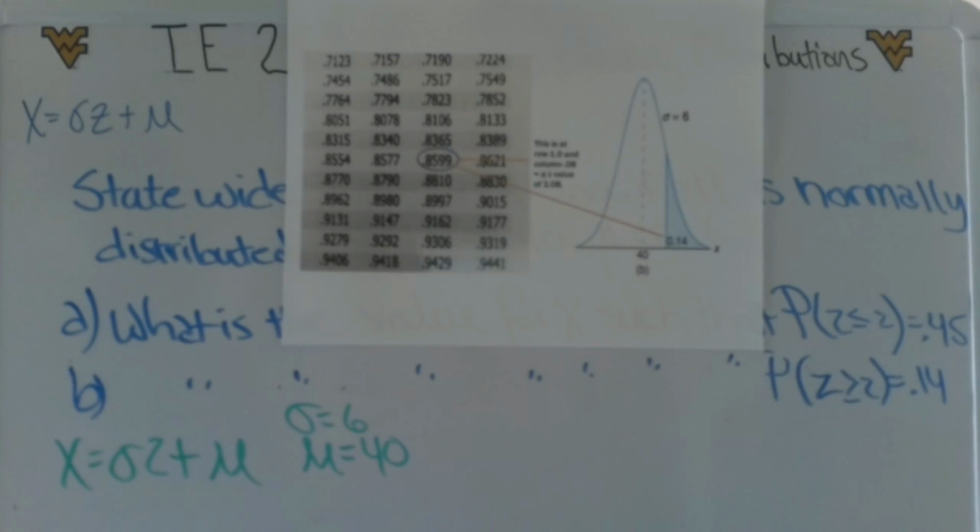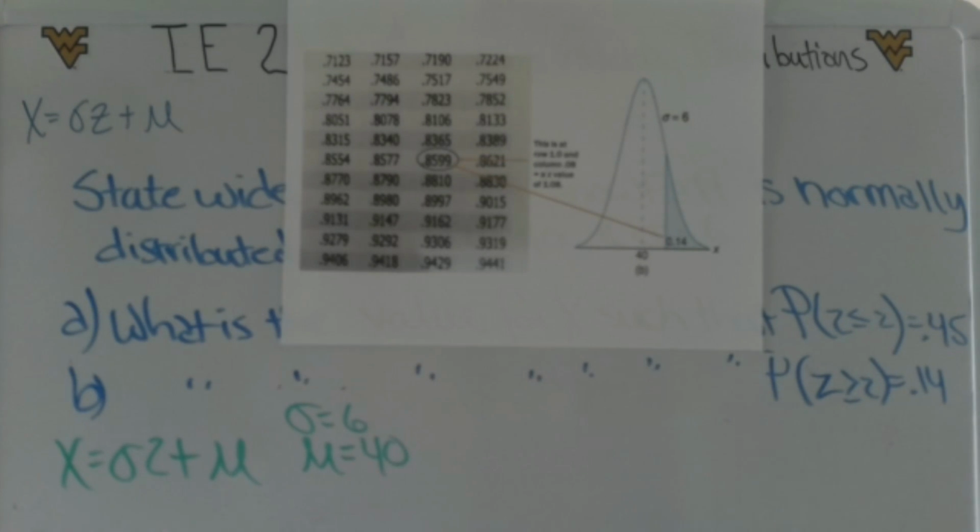Okay, for part B, we're looking for the probability that z is greater than little z is 0.14. So at that point, that would be our z value that we want to find that leaves 0.14 to the right of the z line, which means it leaves 0.86 to the left of the z-line.